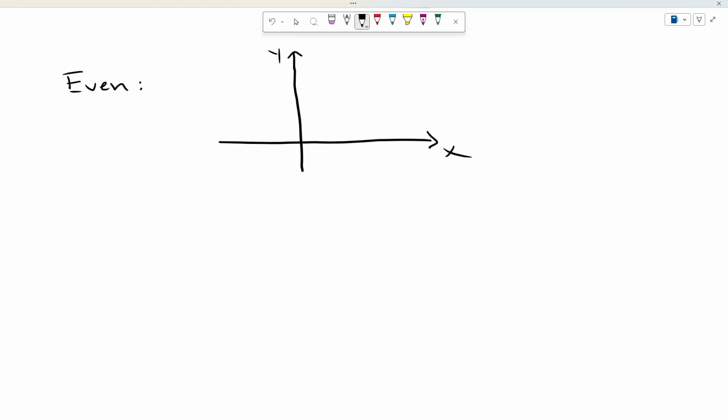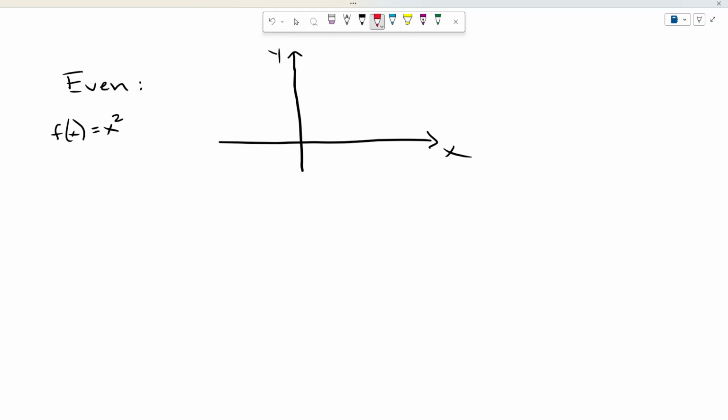So let me show you what we mean by that. And we're going to graph x squared. It's x squared, that is an even function.